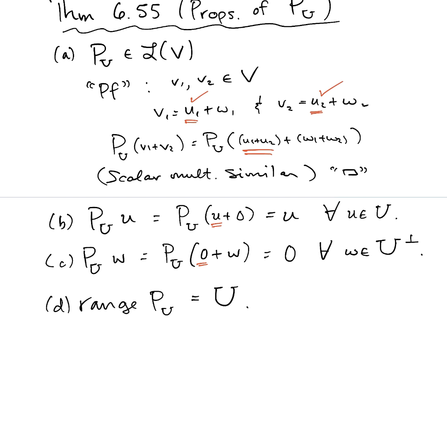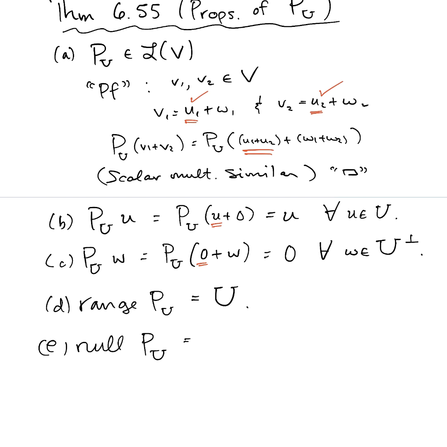Cool. Let's see. Well, anytime we talk about range, I guess we talk about null space also. I got another one here. How about, what's the null space of the projection? Okay, now keep your wits. When someone asks you for the null space of an operator, they're asking you for all the vectors that get sent to 0.